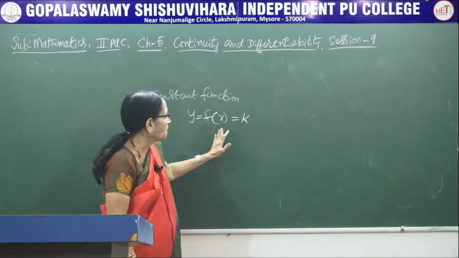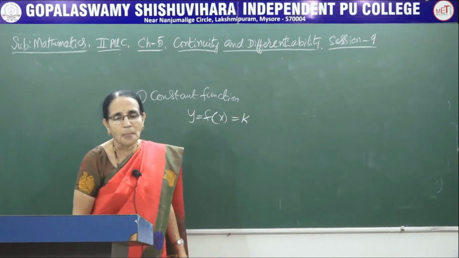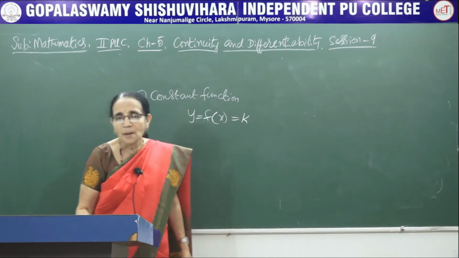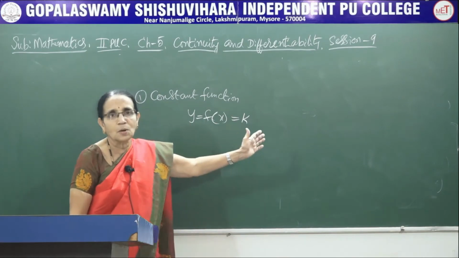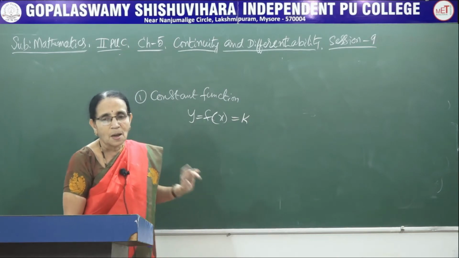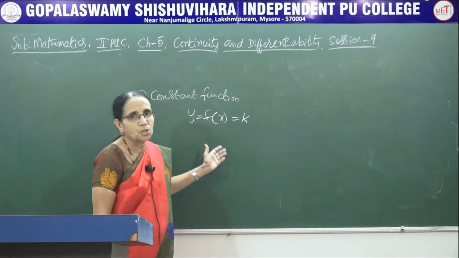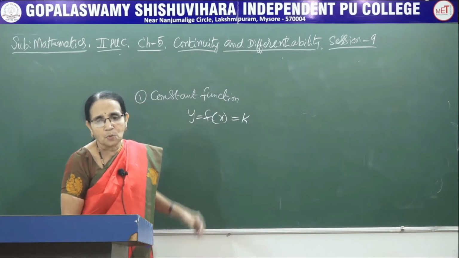Let y equal to f(x) equal to k be the given constant function. I just want to verify whether it is continuous or not. When I draw the graph, certainly you have understood it would be a continuous function, there will not be any break in that. But we have to prove here logically, according to the way we have proved the earlier problems.